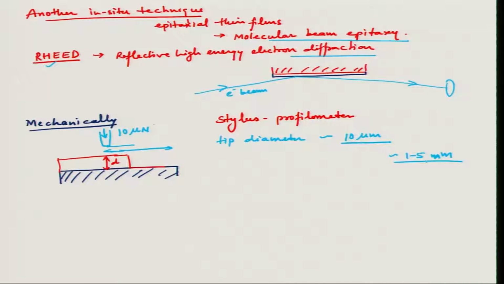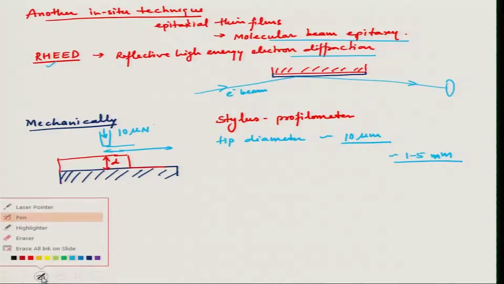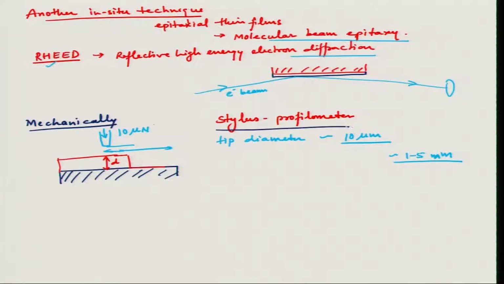But since the tip diameter is very large, you will not be able to see this sharp edge because the tip will not allow you to measure here. So, there will be some loss of lateral resolution. This is the stylus profilometer.